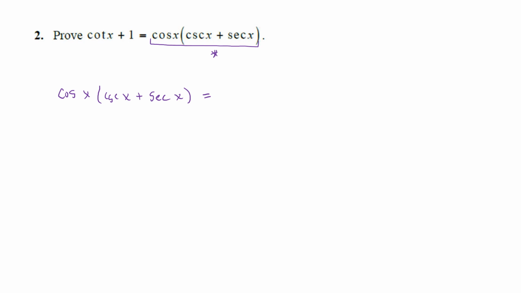Okay? All right. So first thing that I'm going to do is I'm going to rewrite what's in my parentheses in terms of sine and cosine. So cosecant is 1 over sine, and secant is 1 over cosine.